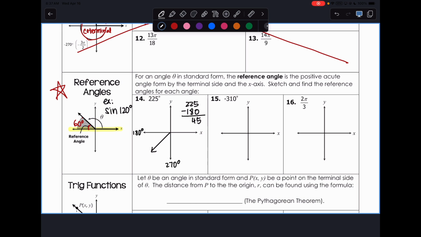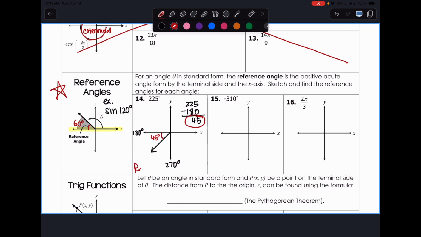Okay. We don't make the reference angle to make it to the y-axis. We make the reference angle to make it to the x-axis. So if we make it to the x-axis, what's this angle right here, from 180 to 225? We just figured it out. What is it? So that's your reference angle. Does that make sense?